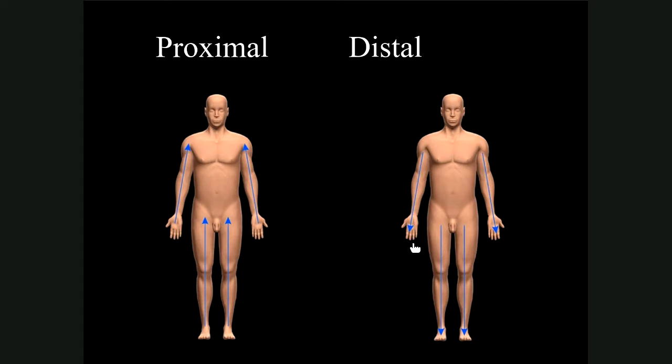So your hand and your wrist are distal in comparison to your elbow and your shoulder. Your shoulder is the most proximal, your fingertips are the most distal. Your hip is the most proximal, your toes are the most distal.